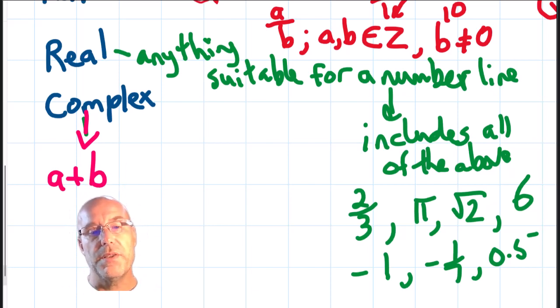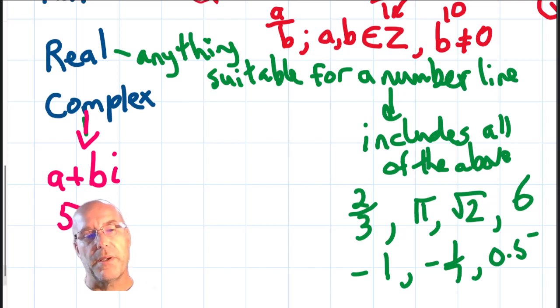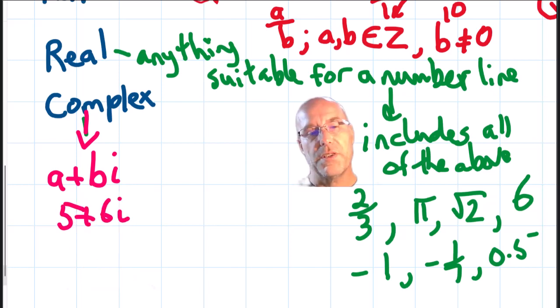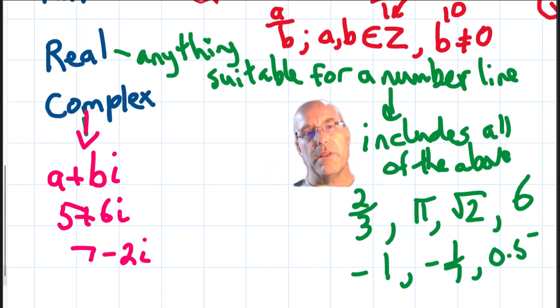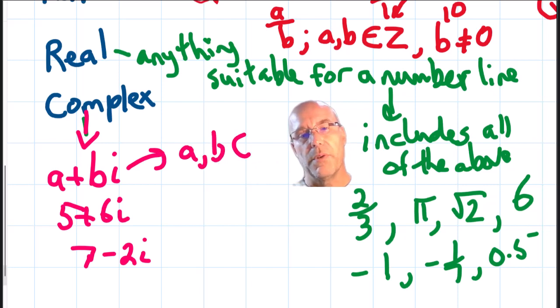But it's a number that has two parts, and it's in the form of a plus bi, like 5 plus 6i, for example. All right, or 7 minus 2i. And basically A and B themselves are real numbers.